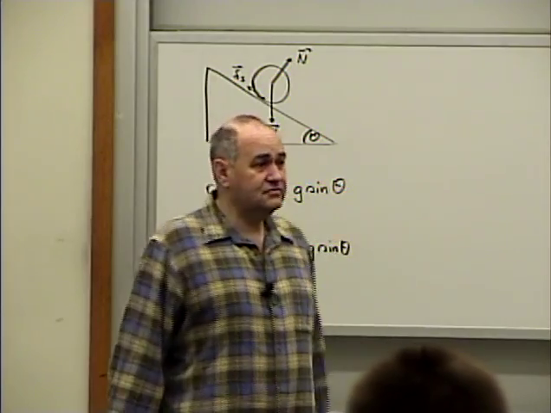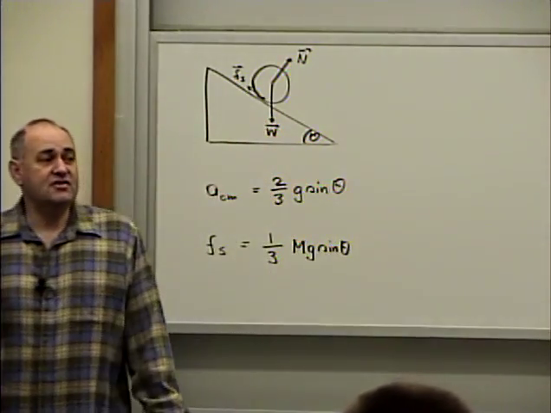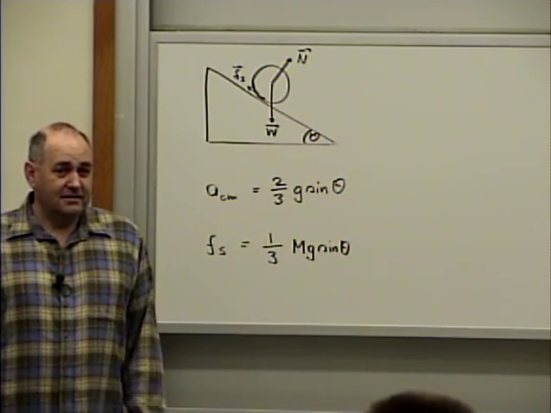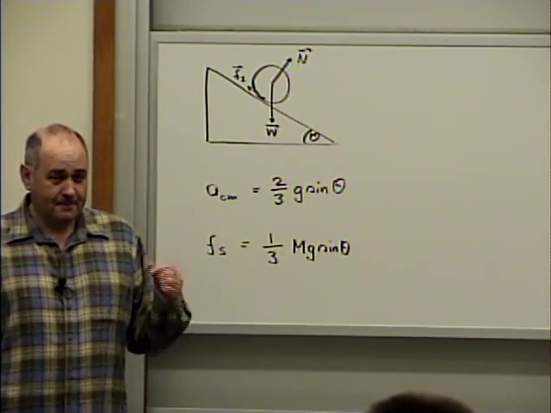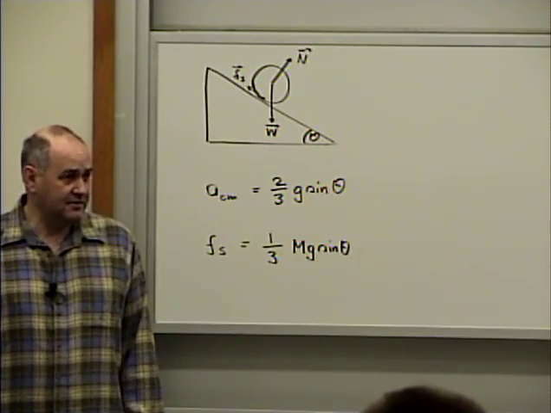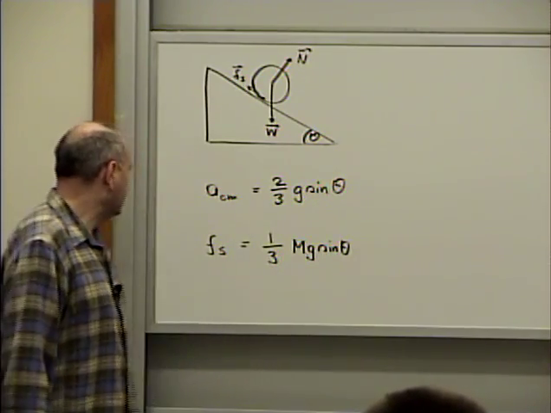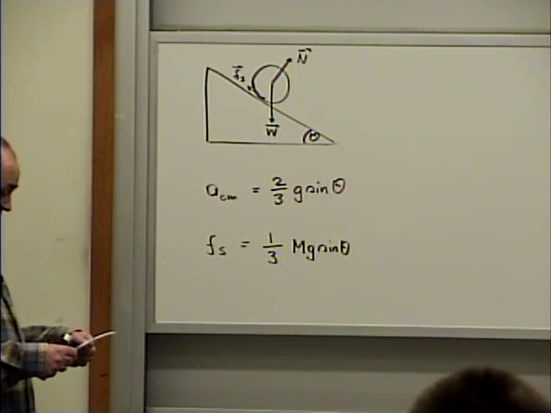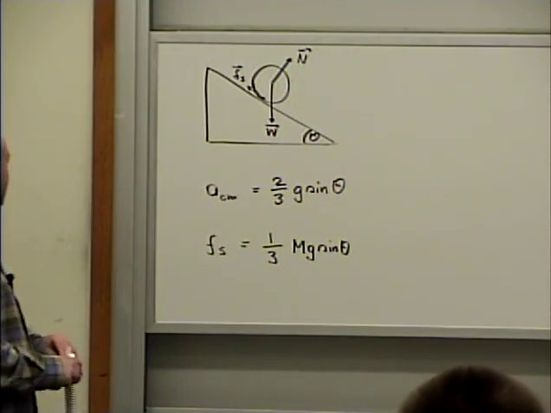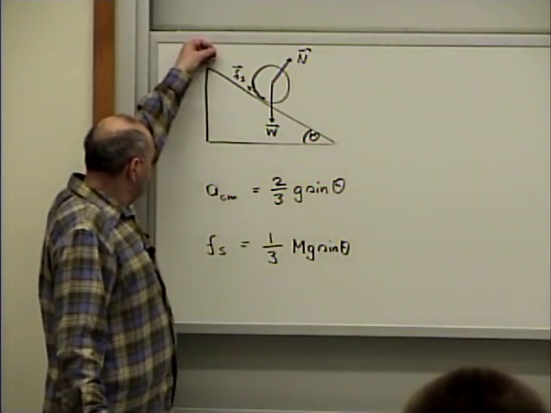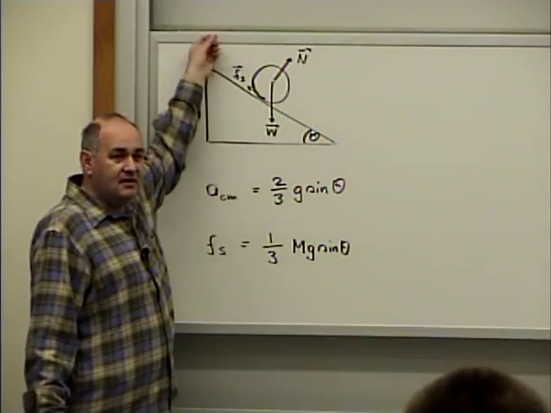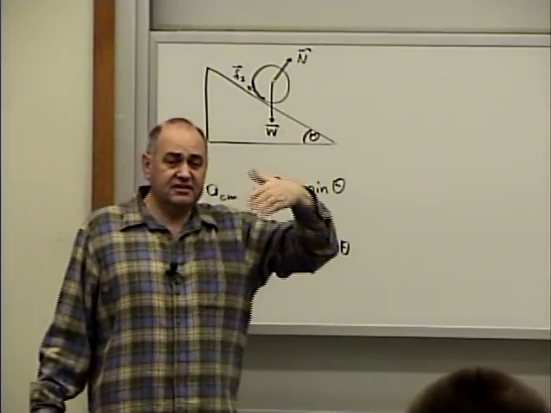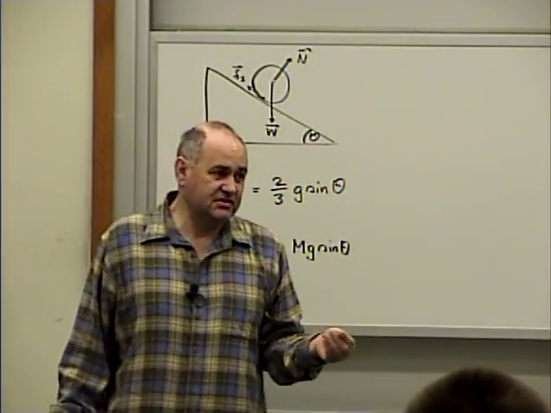Now I would like to use the work-energy theorem to analyze this problem and see that the result will be similar, identical, really. How about if we now set a problem in such a way that we ask: what is the speed of this object after a certain amount of time after it is released?